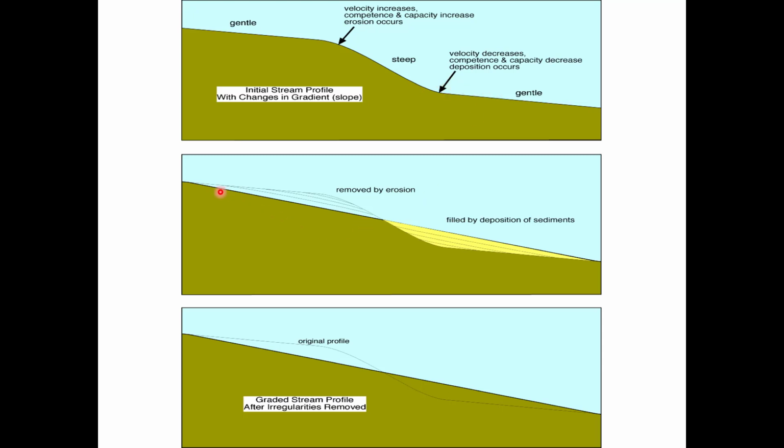And so therefore it's doing a cut up here and a fill down here. I don't know if those of you that might have worked in construction, you do cut and fill projects, take this slope here and smooth it out. You would dig out this and fill in this part. And that's what the stream does. So over time, you're going to have a smooth graded profile from this original land profile.